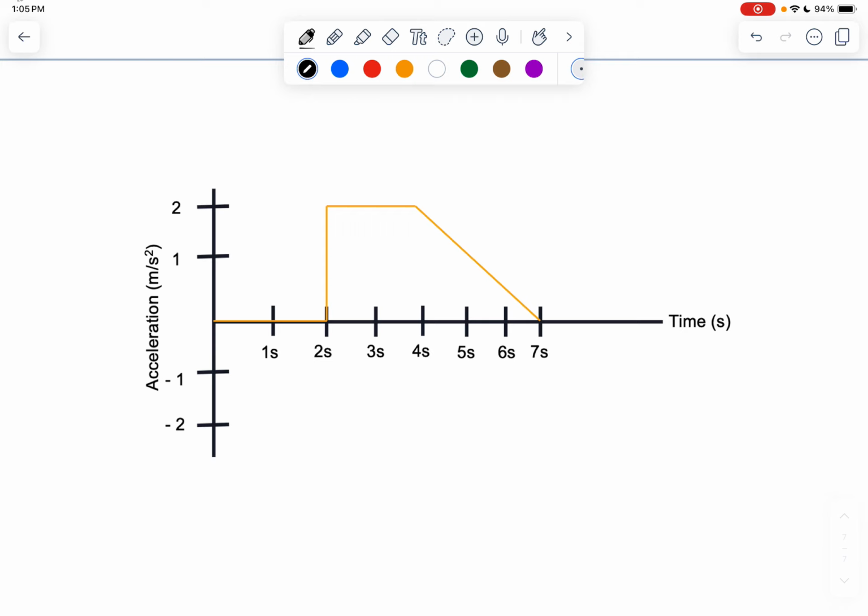So looking at our graph here, one thing we can do is look at this first region from 0 seconds up to 2 seconds. Basically we're showing an acceleration of 0. So that means we're going to have a constant velocity.